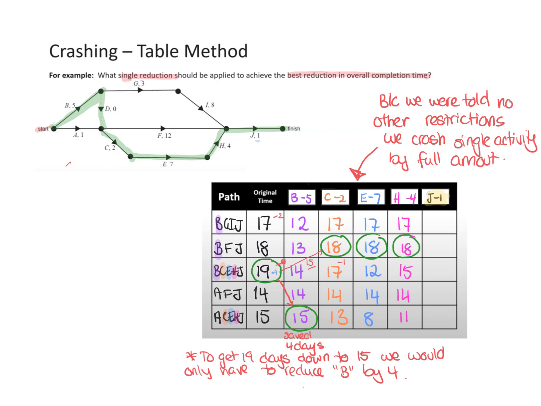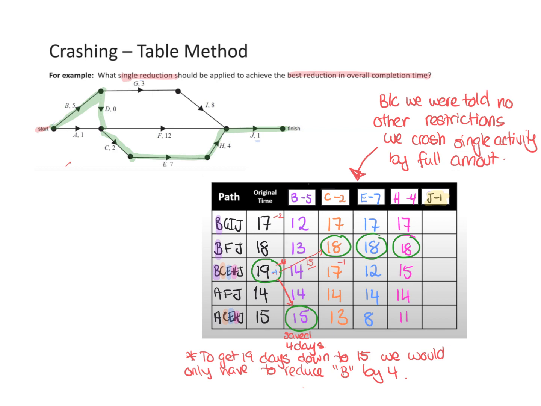So to go from the original 19 to 18, we're really only saving 1 day, and we'd only have to crash H by 1 to get to the new critical path.